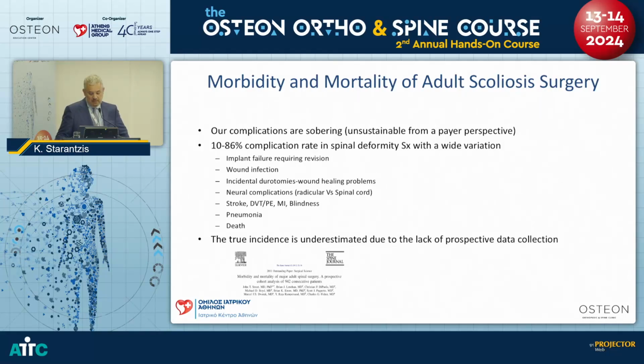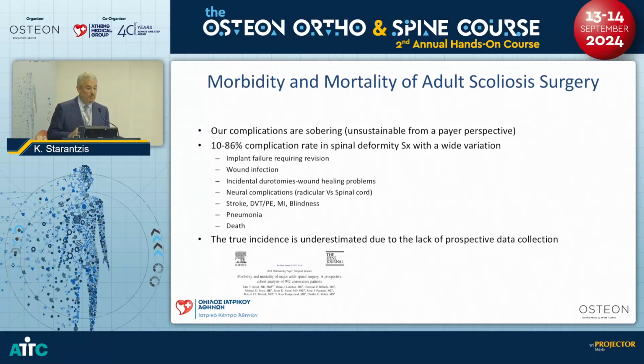But being honest with ourselves, recently we found out that the complication rate is somewhere between 10 to 86%. I think the consensus is 40% to get one complication at least.